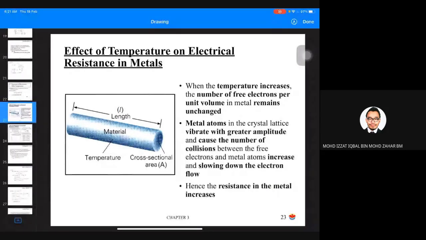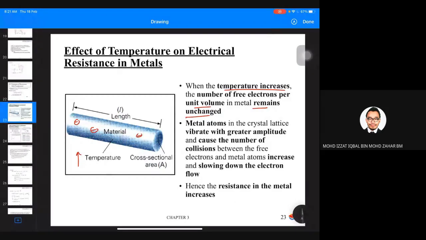When the temperature increases, the number of free electrons per unit volume in the matter remains unchanged. So you can assume inside here, let's say I have a specific amount of electrons inside a specific volume, the amount will remain unchanged, dia tak berubah. But then when the temperature increases, let's say this one is being heated up, what will happen is that the electron will vibrate more.